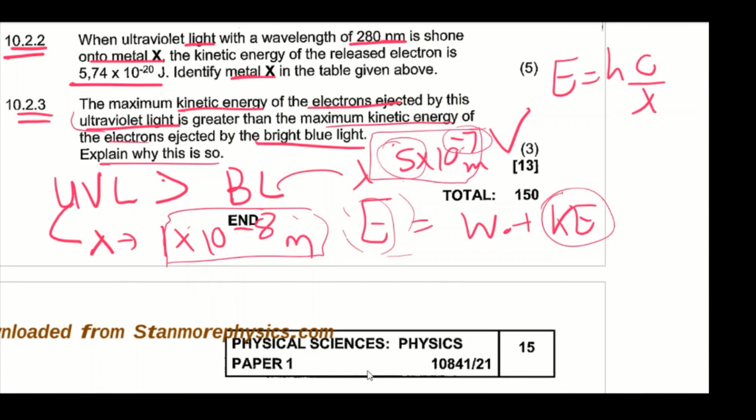So if the wavelength is smaller, it will give a larger energy, and larger energy means larger kinetic energy. The wavelength of the ultraviolet is smaller, so the smaller the wavelength, the larger the energy, meaning the larger the kinetic energy.